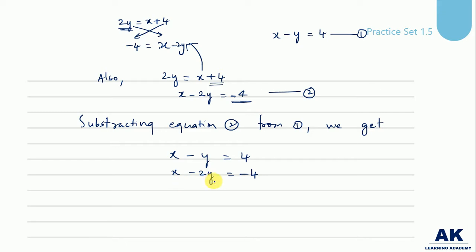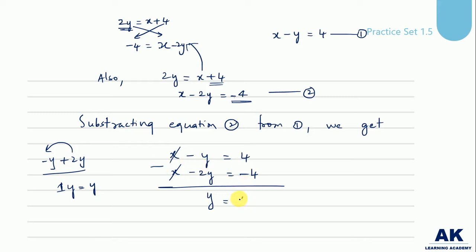Now when we subtract this equation, x and x get cancelled, so minus y, minus minus becomes plus. Therefore minus y plus 2y is 2 minus 1, which is 1, 1 into y which is equal to y. So y is equal to 4 plus 4, which is 8. Therefore y is equal to 8.